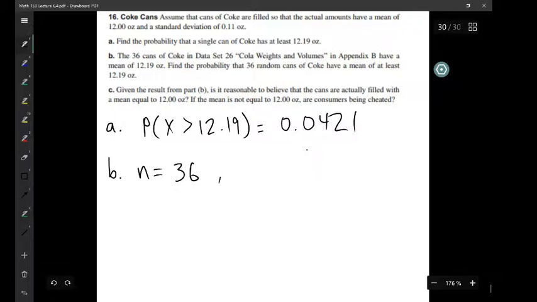Starting off with what we know of one can of Coke, we have mu sub x bar is going to be 12, the same mu here, and the adjusted standard deviation will be 0.11 over the square root of 36.